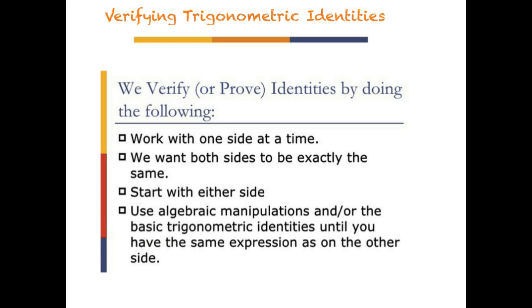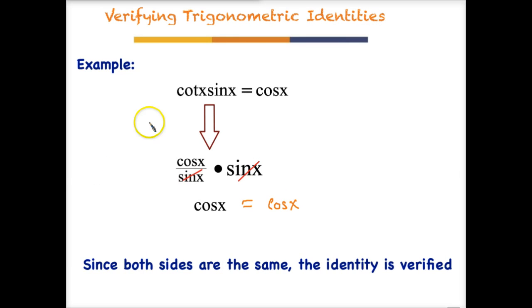Let's look at a quick example. In this example, we have the equation cotangent x times sine x equals cosine x. And we want to verify this identity, meaning we want to make sure that the left side and the right side are equivalent. They are equal. So what can we do first? Well, notice that we have cotangent x. We can rewrite that in terms of sine and cosine.